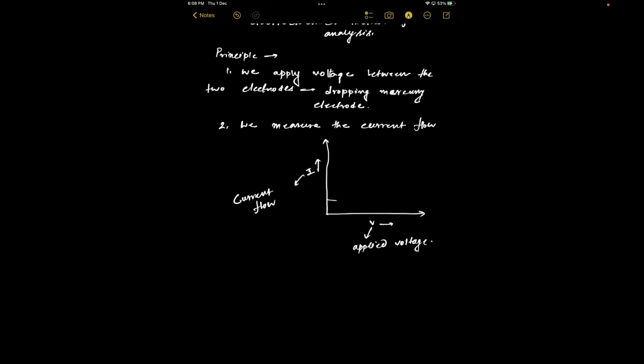So this type of curve will be generated, a sigmoid type of curve, and this current we call the residual current. Let's say IR. This amount of current we call the residual current.